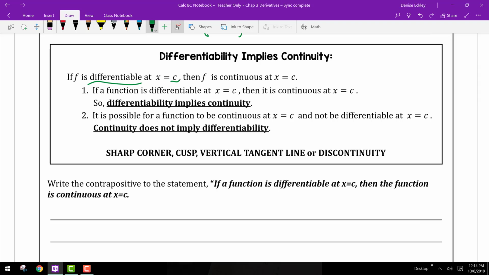If a function is differentiable at C, then it's continuous at C. But the opposite is not true. It is possible for a function to be continuous at C and not be differentiable at C. So continuity does not imply differentiability, because you could still have sharp corners, cusps, vertical tangent lines, or discontinuity.